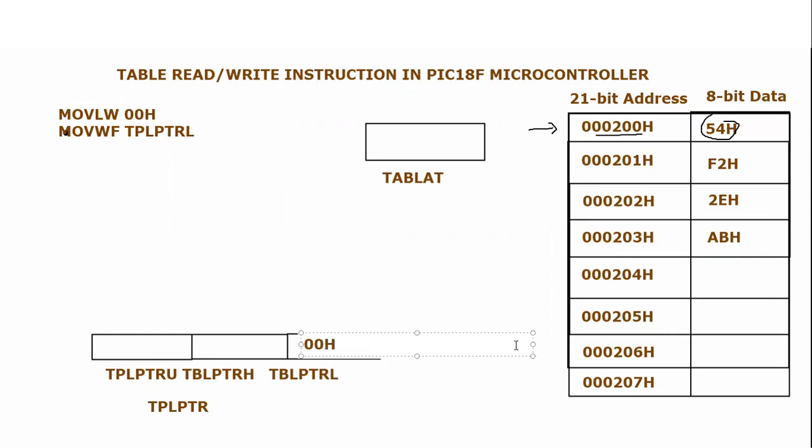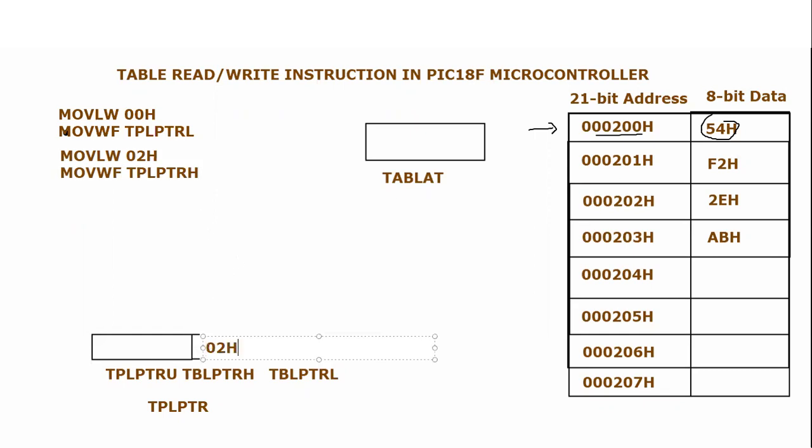Next, we will save the higher byte. So we will use move literal to working, 02 hex, and it will be saved in the table pointer higher byte. So what is going to happen over here? It will be 02 hex.